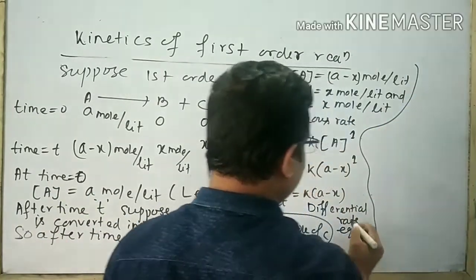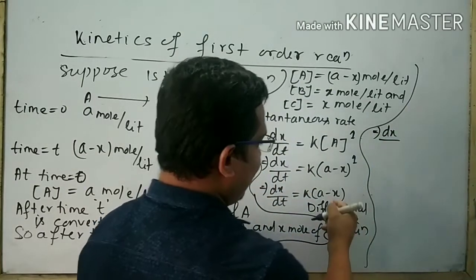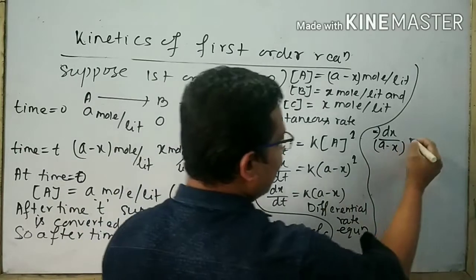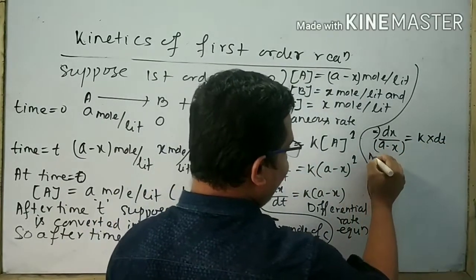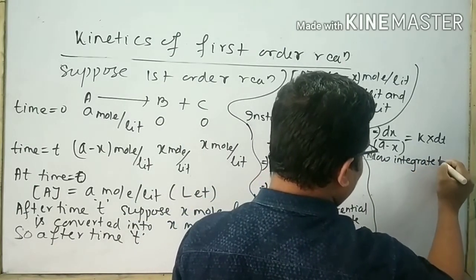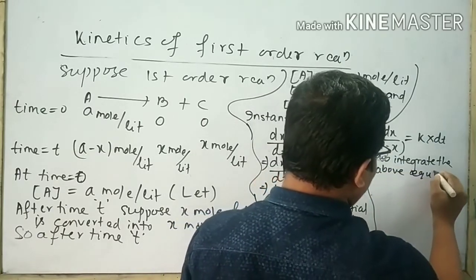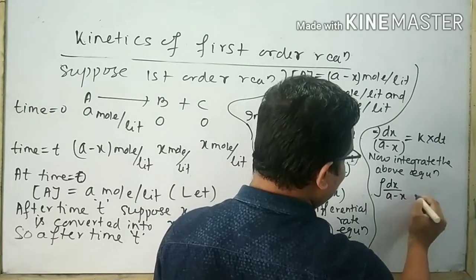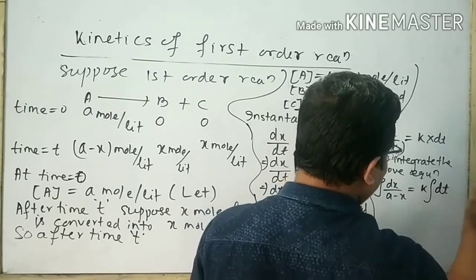Now we can write dx by (a minus x) is equal to k into dt. Now integrate the above equation, then we can write the integration of dx by (a minus x) equals k into the integration of dt.